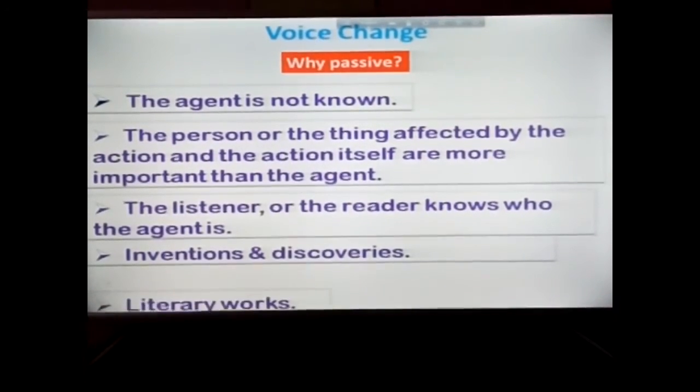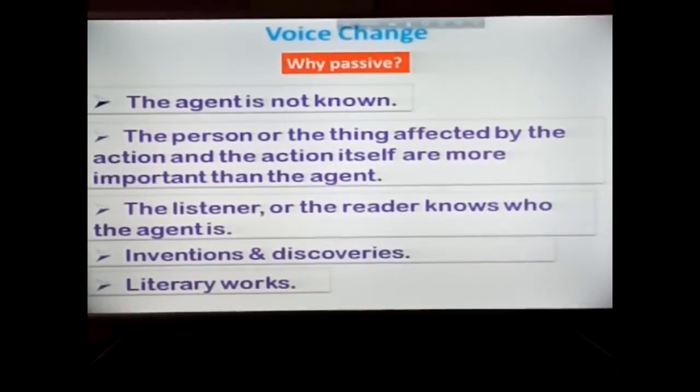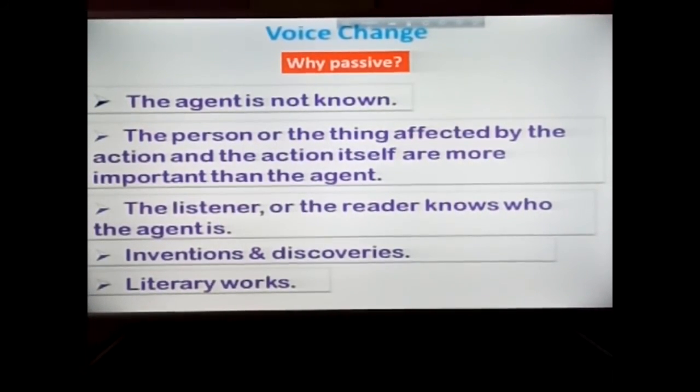Okay, similarly, to talk about literary works, we can use both active and passive sentences equally. For example, we can say William Shakespeare wrote Hamlet. We can also say Hamlet was written by William Shakespeare. Both sentences are absolutely fine, nothing wrong with any of them.